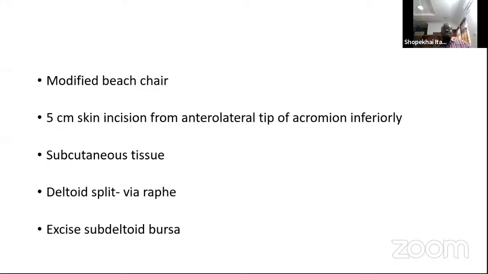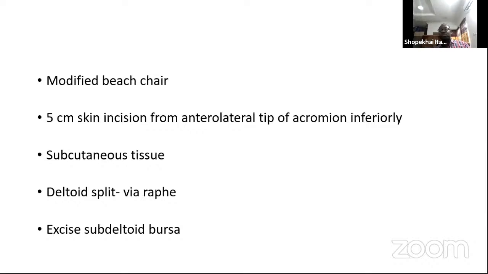5 cm skin incision from the anterolateral tip of the acromion goes down inferiorly. Take the subcutaneous tissue, and then you find the deltoid. What is advocated is to put a stay suture 5 cm distal, so that you don't inadvertently propagate your split of the deltoid and injure the axillary nerve.